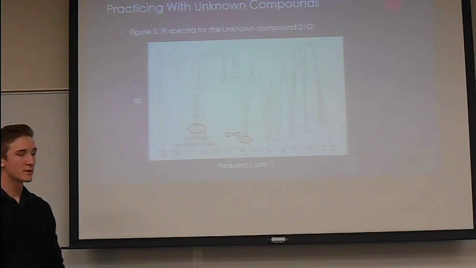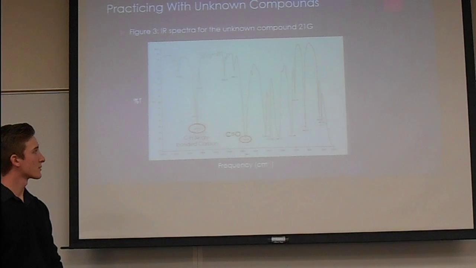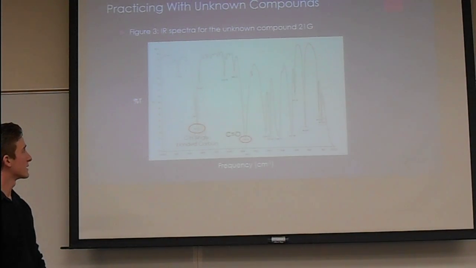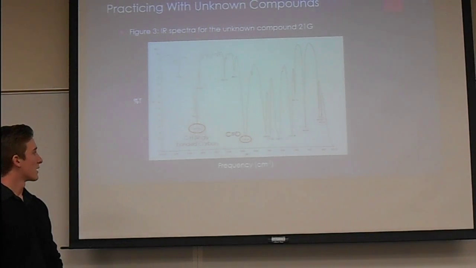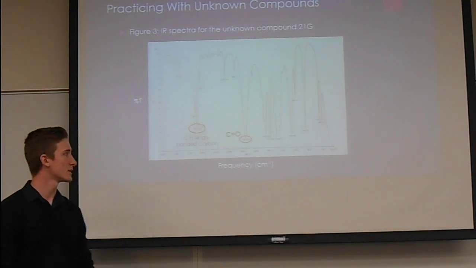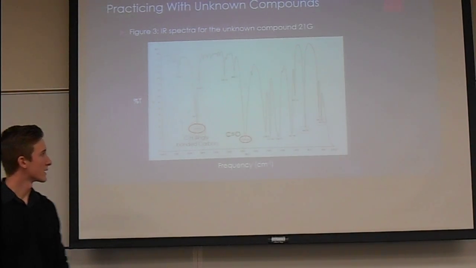Identifying unknown compounds using the techniques we used, I was given 3 unknown compounds, and this is one of them, 21G. And this is the infrared spectra of that compound. On the x-axis is the frequency in inverse centimeters, and on the y-axis is the percent transmittance of light.